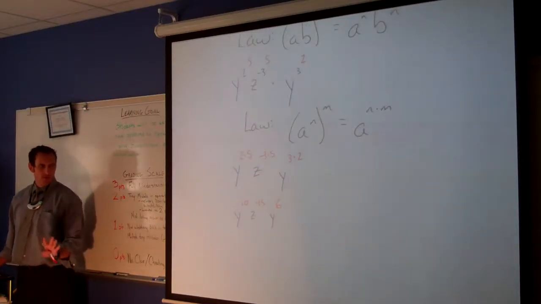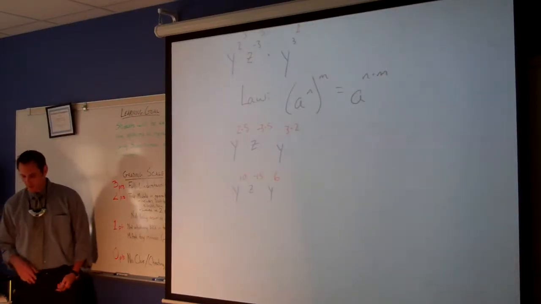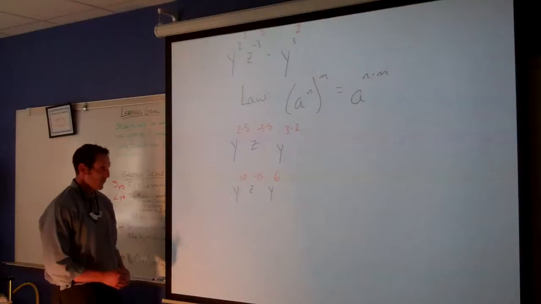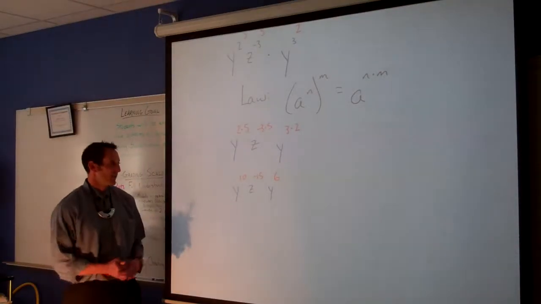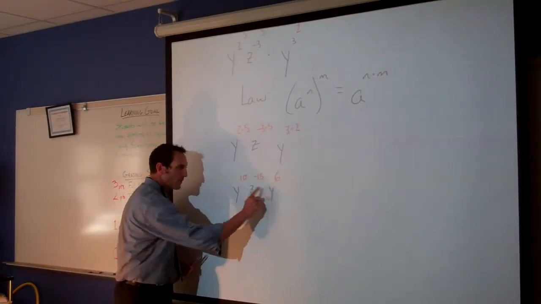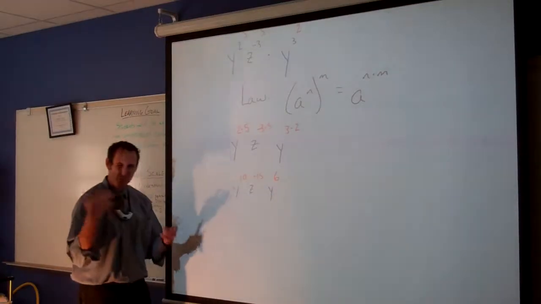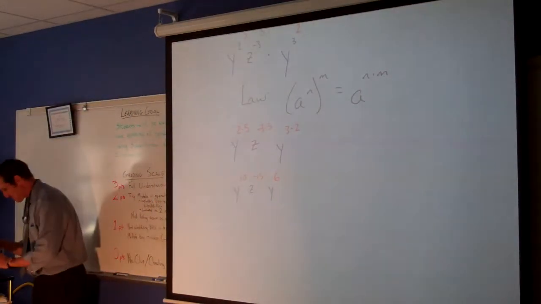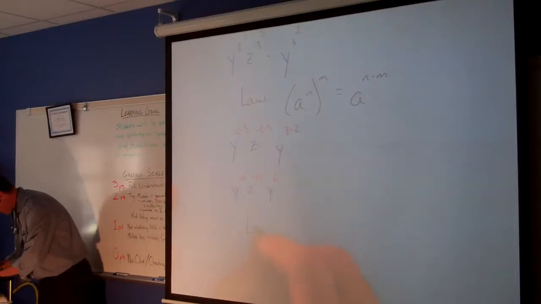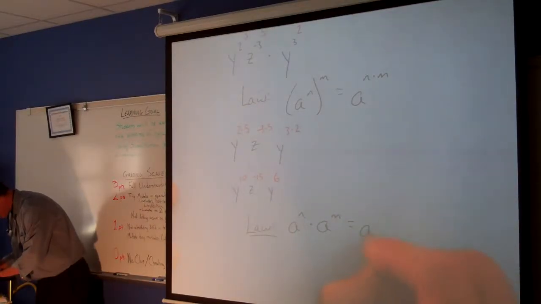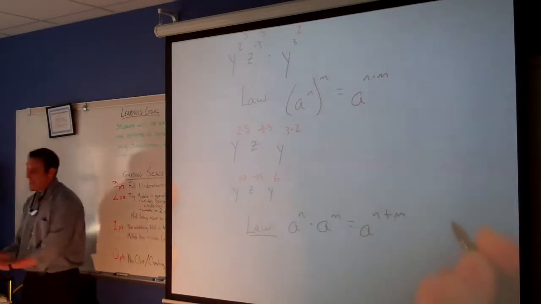So when I look at what I'm up to currently, the question is, are there any other laws that I can apply at this point? And the answer is yes. I have two numbers that I'm multiplying that are the same base. What do we do in that case? We have to remember that previous law from other notes. If I have a to the n times a to the n, keep the base, add the exponent.